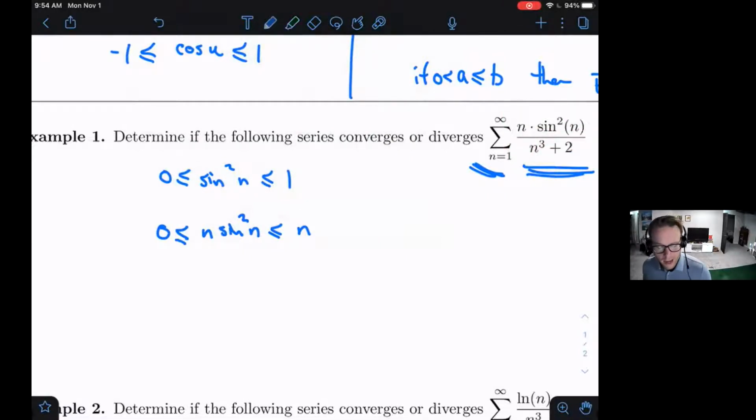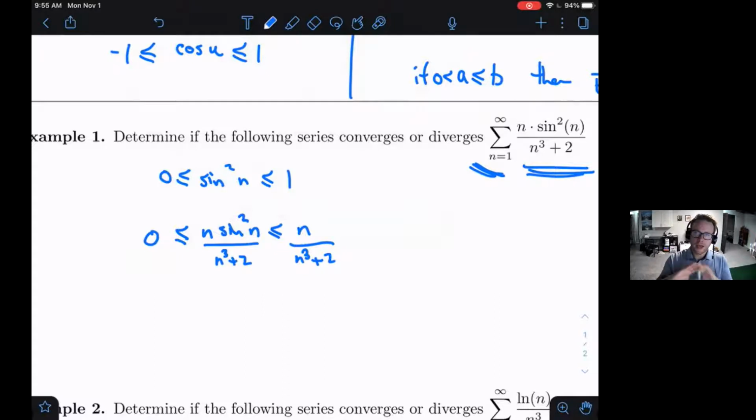And so to that end, I'm going to divide by n cubed plus 2 on all sides. Well, 0 divided by anything is again 0, so I'm just going to replace that with 0.